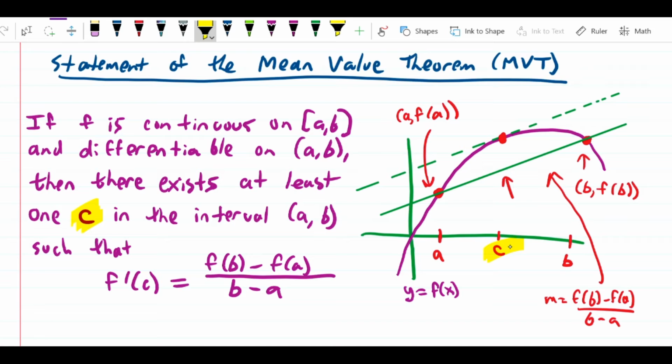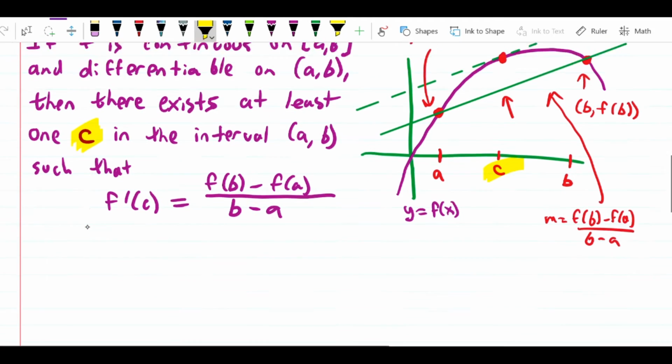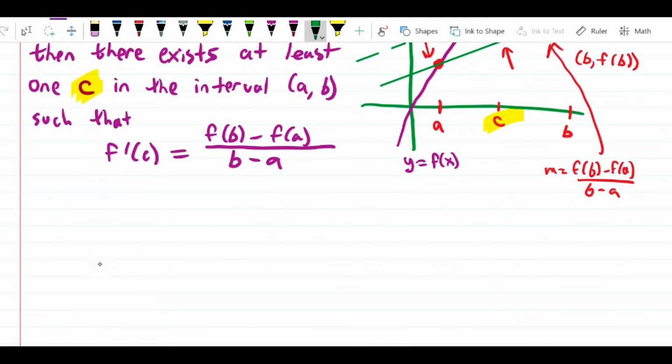And by the way, the theorem states that there exists at least one c. I could draw the picture slightly differently, where let's suppose that I have something like this, and if that's the secant line between two points a and b, I won't even put the axes in, I'm just going to draw in the two endpoints.